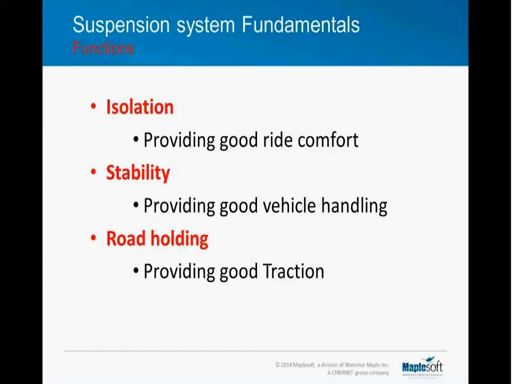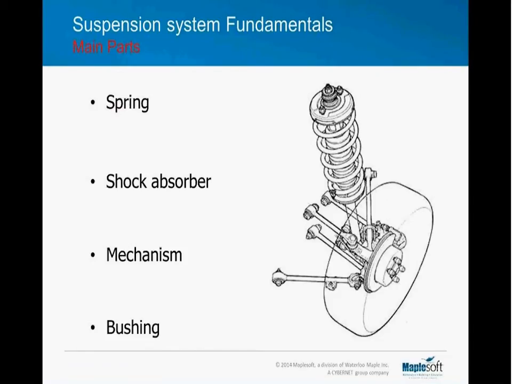And I'll try to show you the suspension system is a very important subsystem in vehicles. So now let's take a look at the main parts of a suspension system.